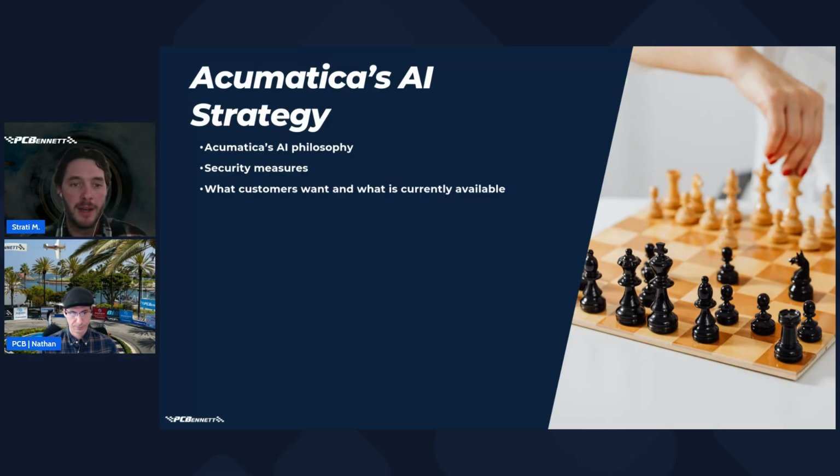And so then the last thing, and this is more so PC Bennett's AI strategy, I will say, but I think is also included in Acumatica's broader AI strategy, is what are you as our customers talking to us about that you want AI to perform, and what's already in the platform?